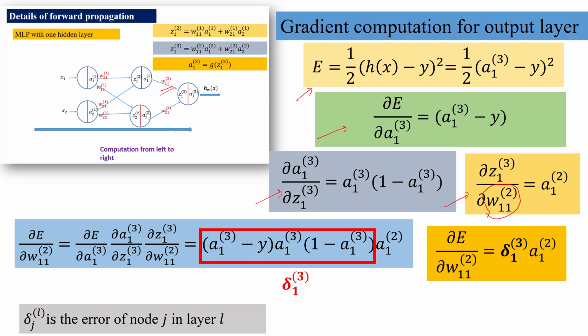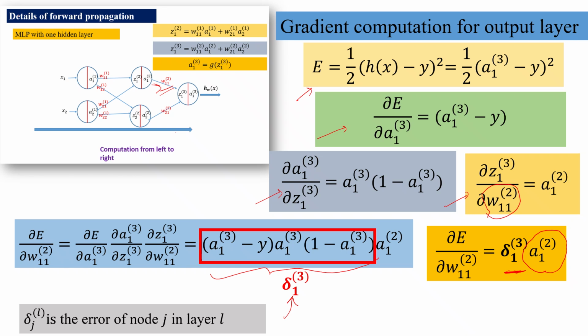So combining all these, we get the gradient update, and this value we call delta 13, where delta JL is the error of node J in layer L. Okay, so the update now can be written as this delta 13 multiplied by the input which is coming through this weight, A12.